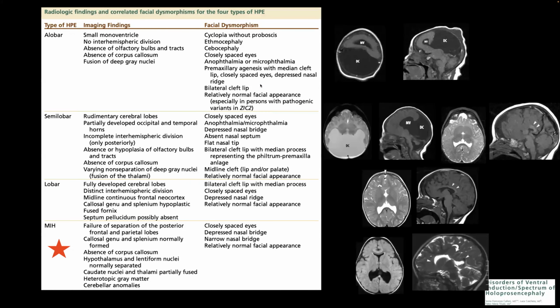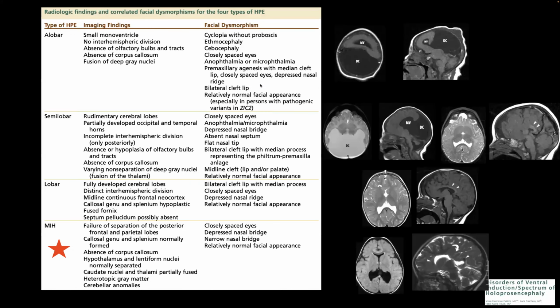These are the various abnormalities of ventral induction, and our case fits into the mild interhemispheric variant, which has remnants of the corpus callosum, at least the genu and the splenium. The posterior frontal regions and parietal lobes are not fused, whereas the more severe gradients have more posterior involvement and fusion along the anterior aspects. So our case fits more closely into the mild interhemispheric variant.